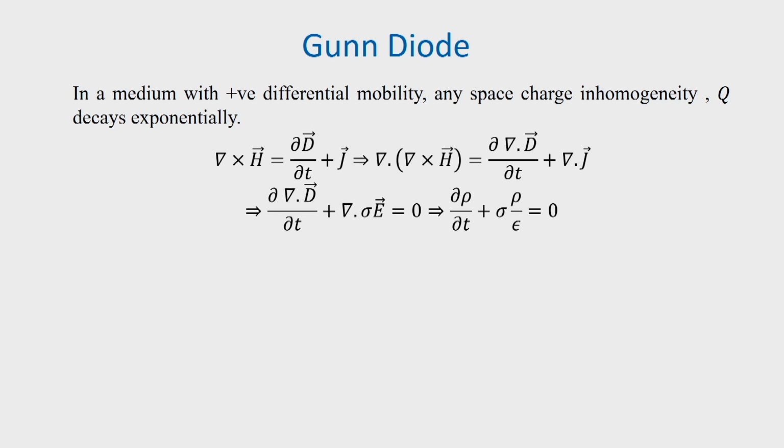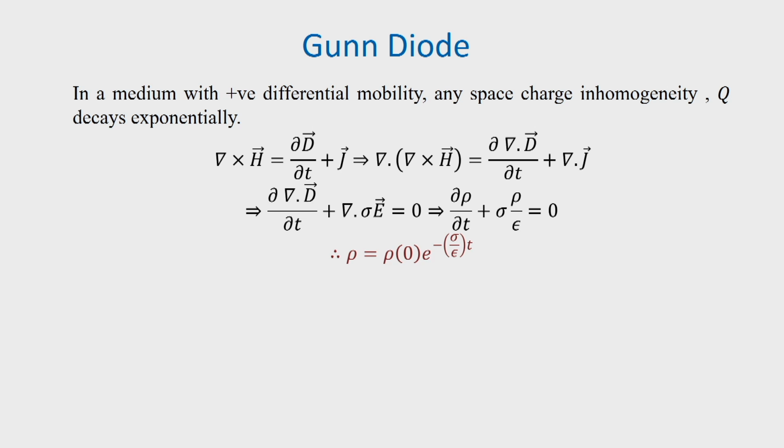So, we have del rho/del t plus sigma rho by epsilon equal to 0.